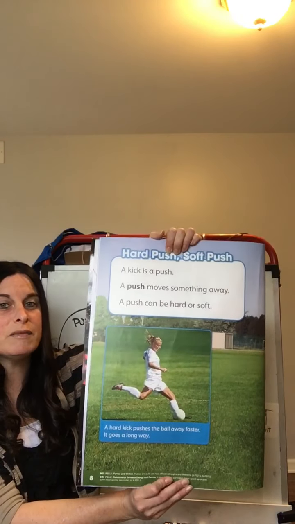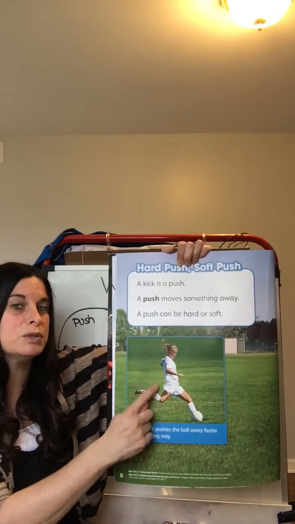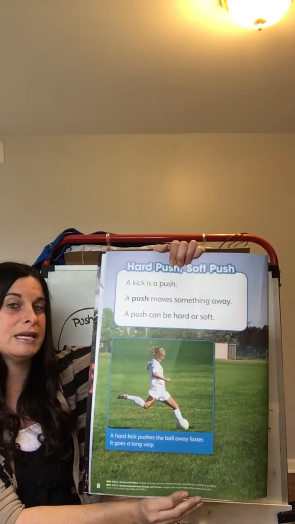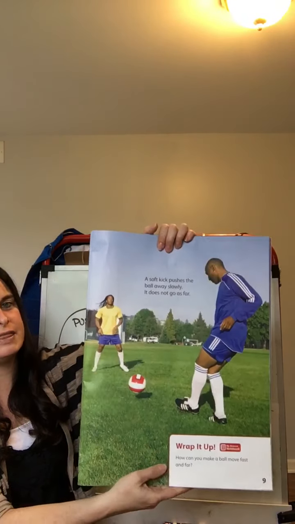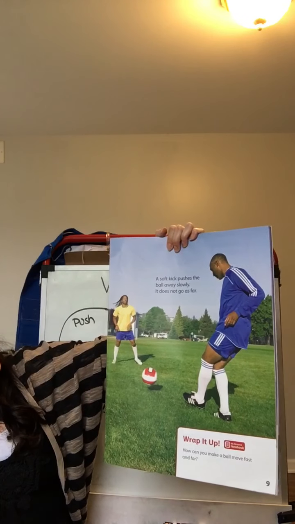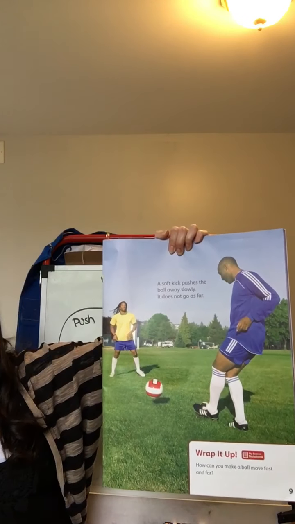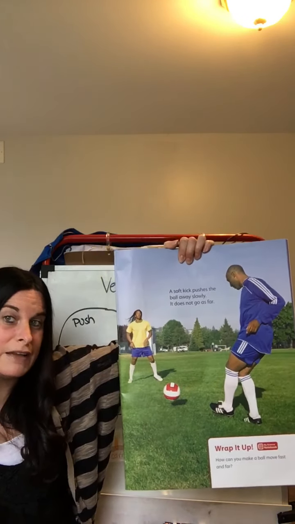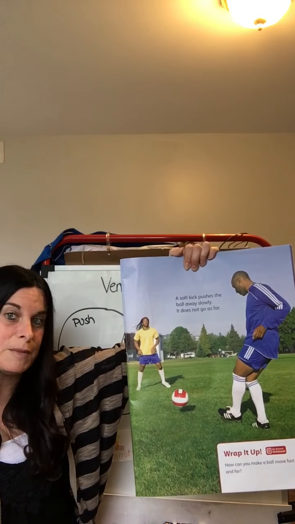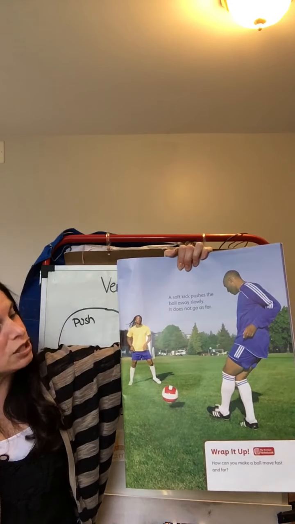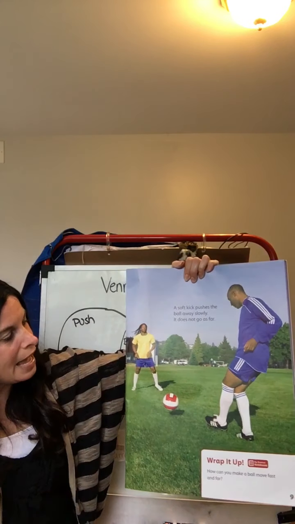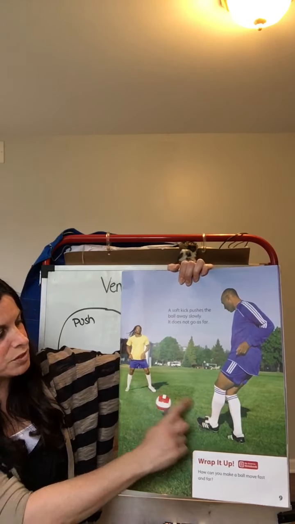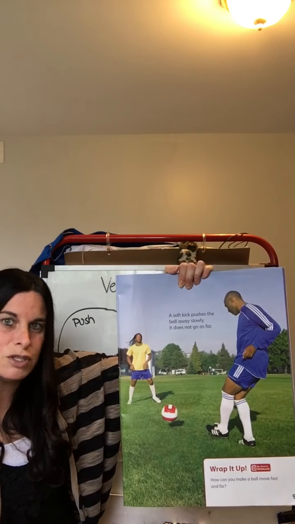Sometimes it's hard to tell from the pictures, but you use some clues to see if they're doing a hard push or a soft push. Now look here at this picture. A soft kick. See how these guys don't look like they're really running fast like the girl on the other page was? They look like they're just kind of kicking the ball back and forth to each other, and they're not standing terribly far away from each other, so they're pretty close.